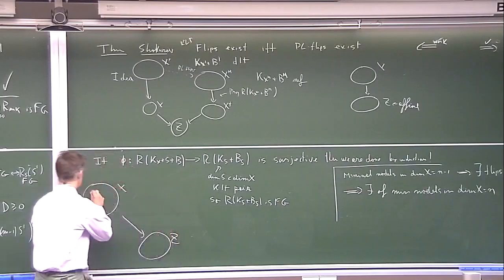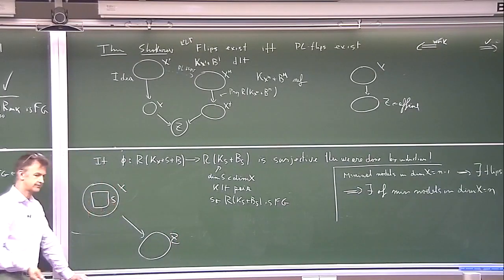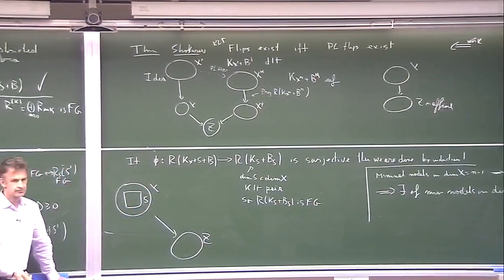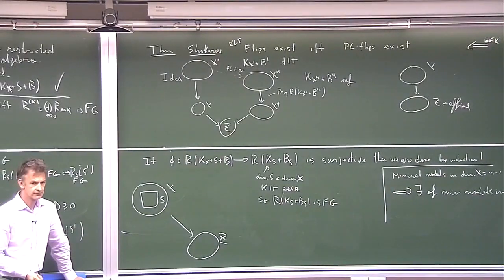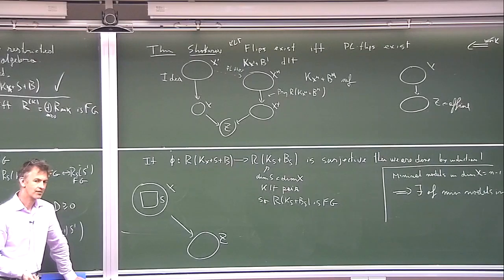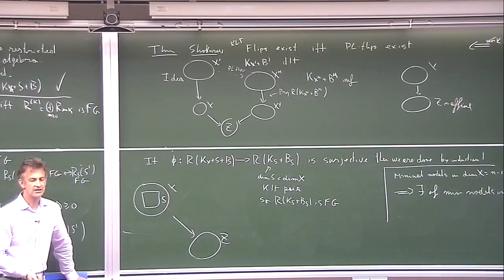Sorry. Assuming the full minimal model in dimension one less, I understand that if you assume this surjection, then flips exist. But then the next arrow, don't you need termination? Right, but you don't need every termination.